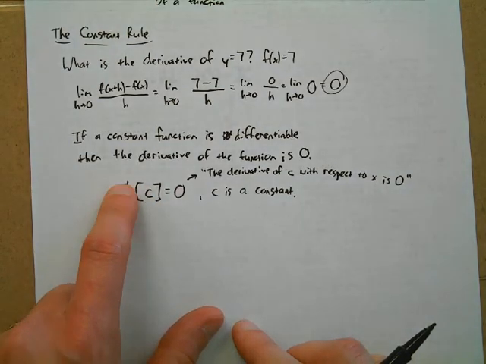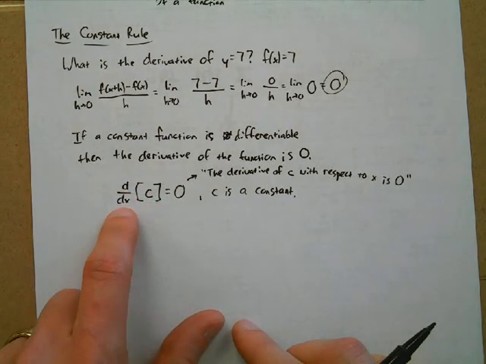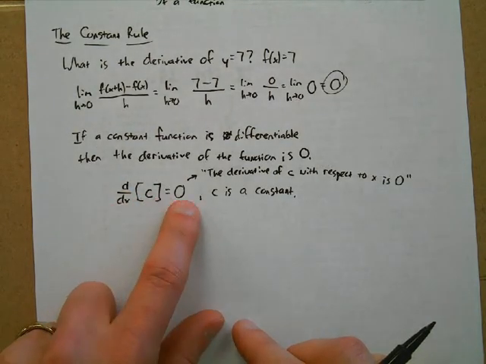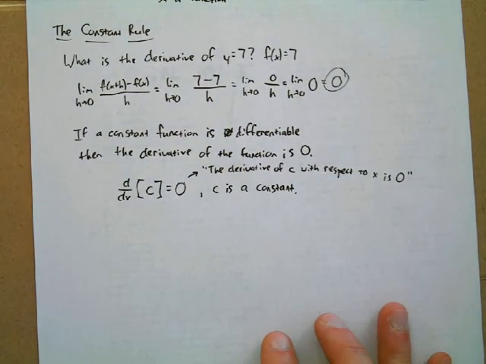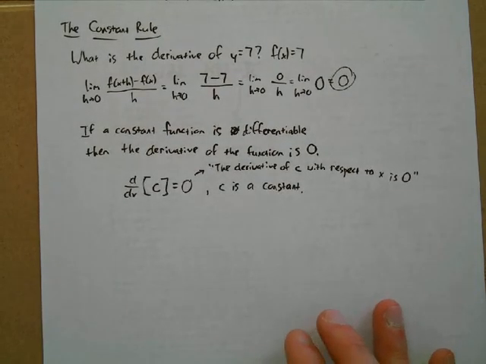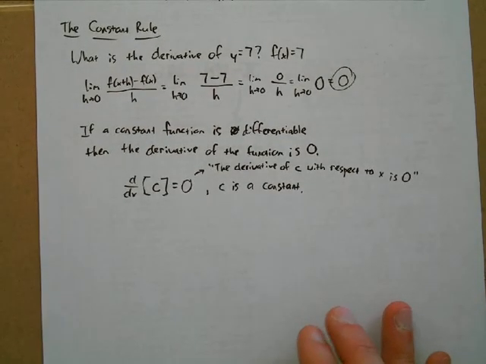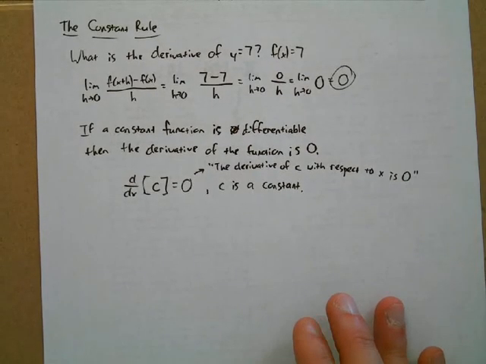And what that with respect to x part means is that right now when we take the derivative of something, we're always taking the derivative with respect to whatever variable happens to be a part of the function. So in the warm up here, it has x's in it, and so we're going to take the derivative with respect to x.